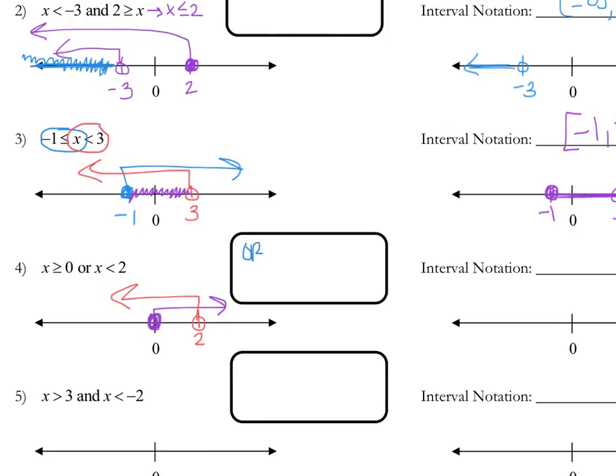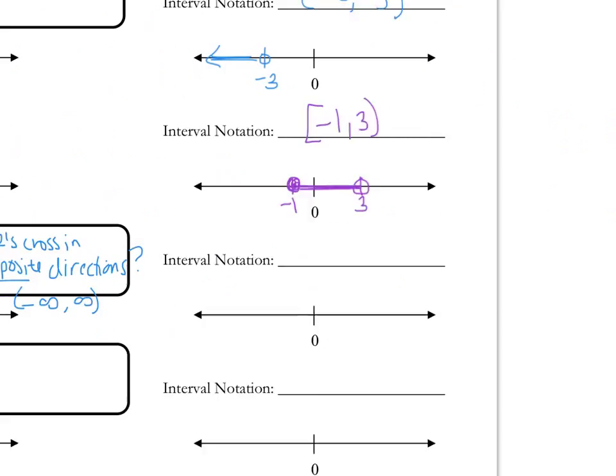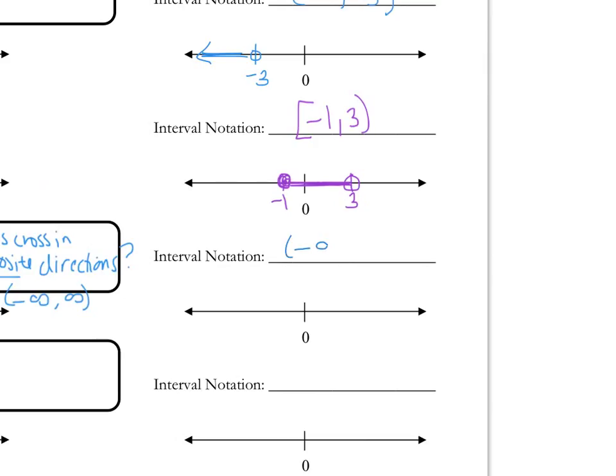However, if the ors cross in opposite directions, does anybody remember what happens when ors cross in opposite directions? Will, you want to give it a shot? Just kidding. It's from -infinity to infinity. Okay, so, in other words, all real numbers. So here's our interval notation, and remember that you graph the entire number line for -infinity to infinity.